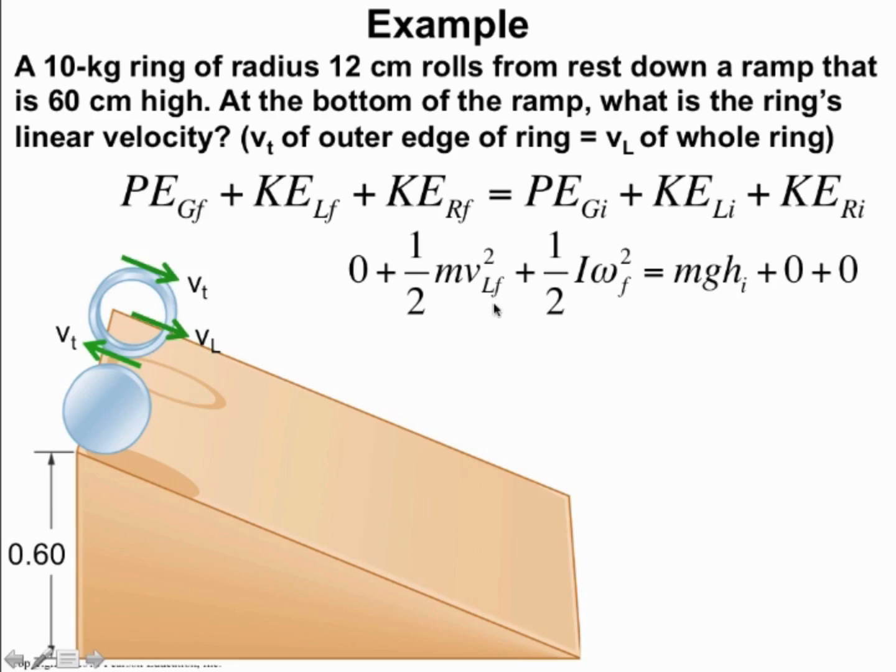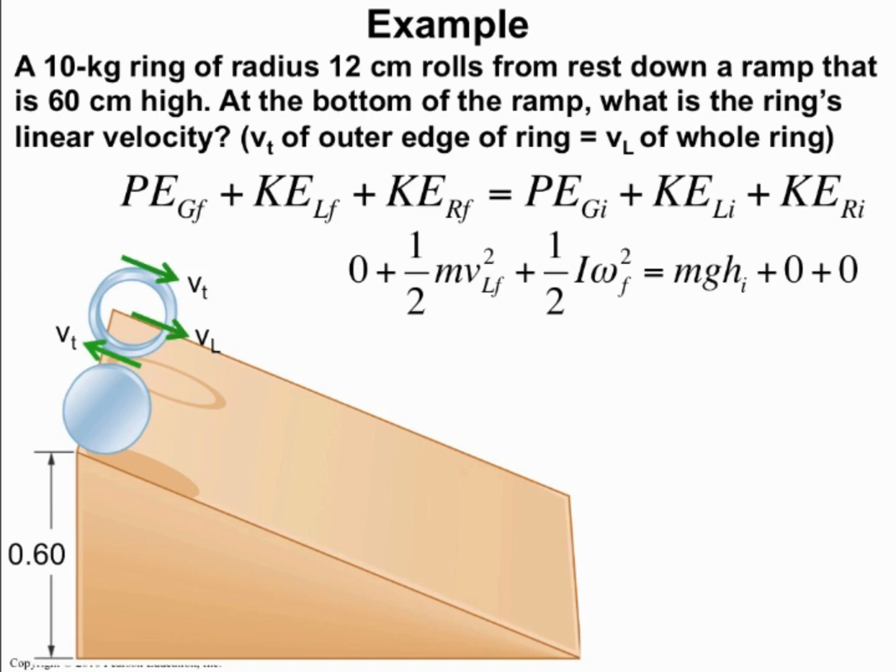Plus 1/2 m VLF squared, because at the bottom it does have a certain final linear velocity, plus 1/2 I omega F squared, because it also has a final rotational kinetic energy. Equals mghi over here, because it has an initial height, and so an initial gravitational potential energy, and 0 and 0 for KELI and KERI since it's starting at rest.